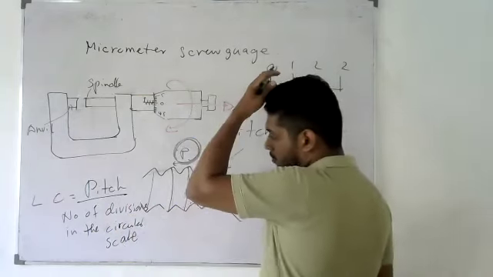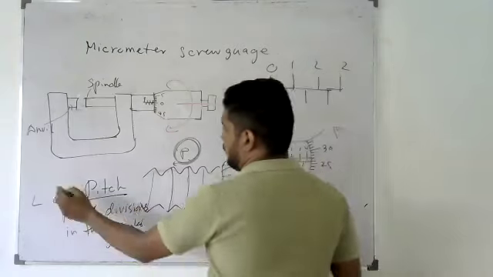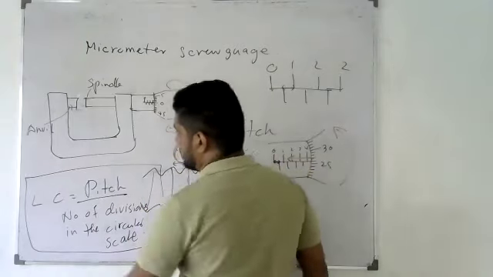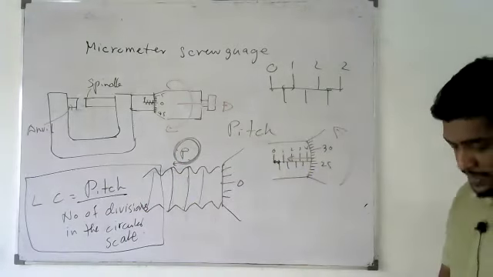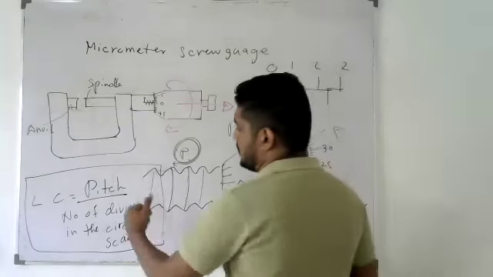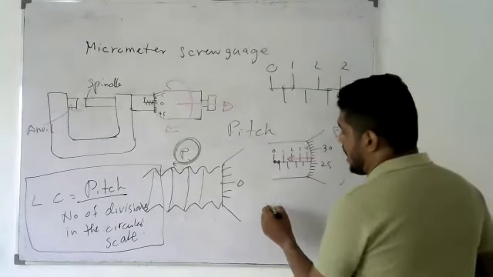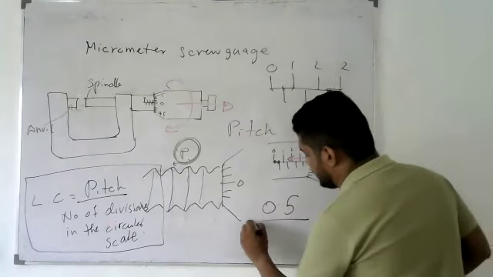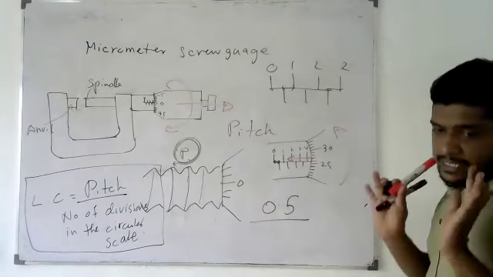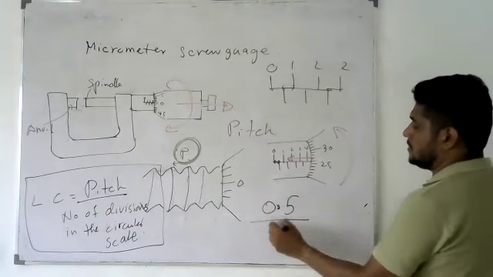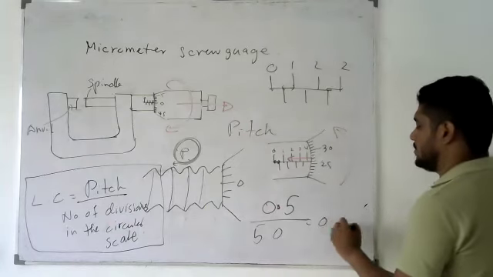So whatever the instrument, if the principle that is used is the screw principle, you can use this. Right? So the pitch is 0.5 millimeter. Normally it has 50 divisions. 0.01 millimeter.